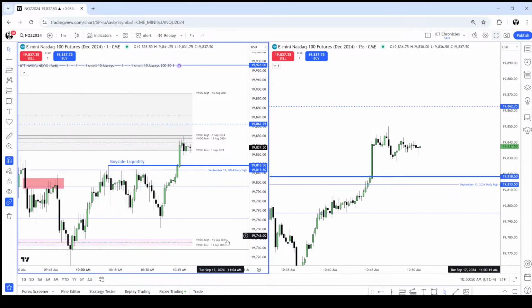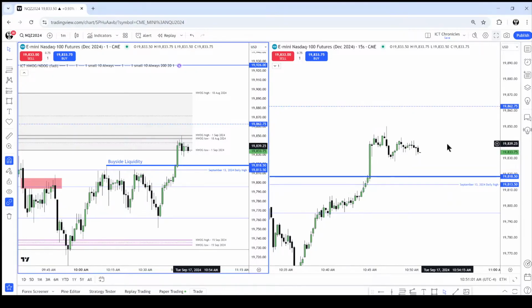Now, I would like to see this stay open because we already dropped into it here. And it didn't stay open there. But I would have seen it stay open if it started to displace higher.